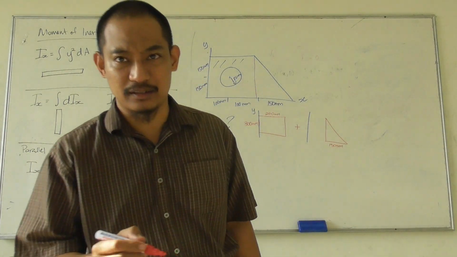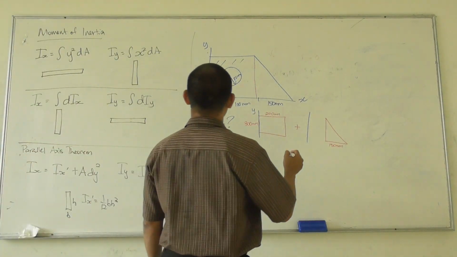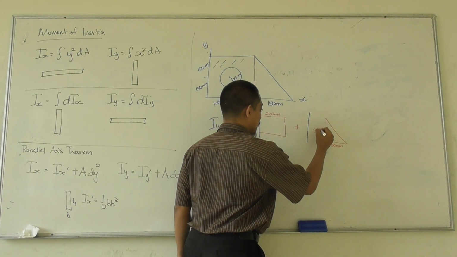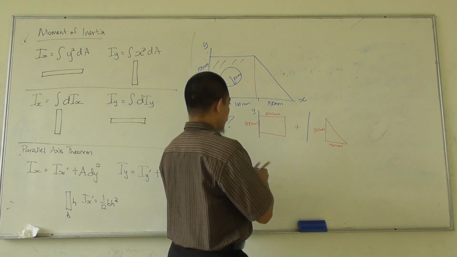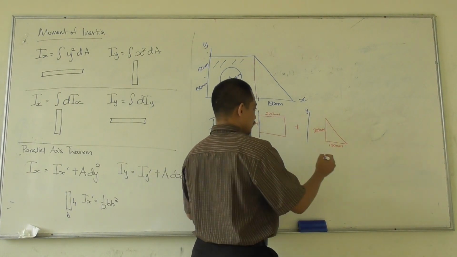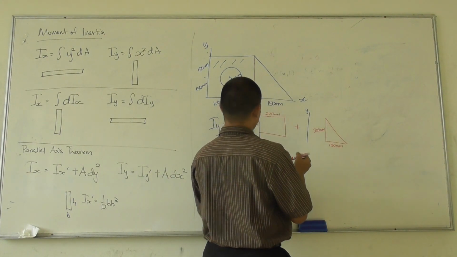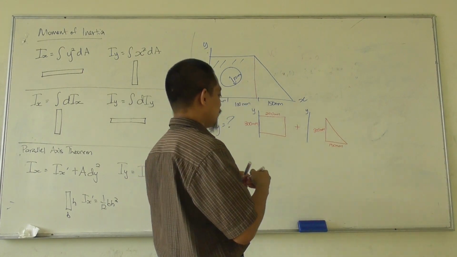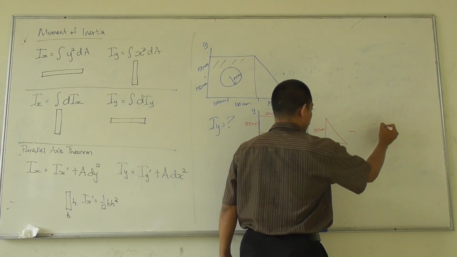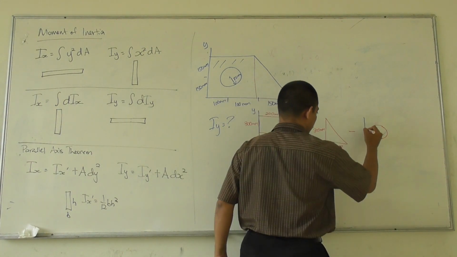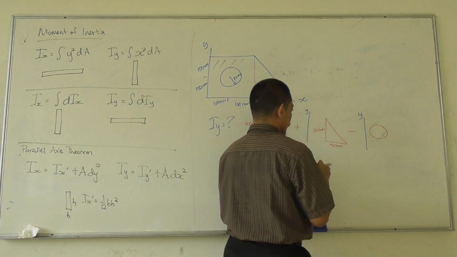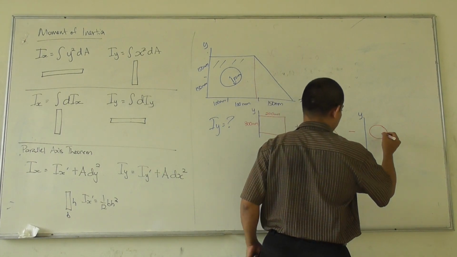Hopefully you can see the red color. And the 300 here. And then this is the y-axis. And then minus, because this is a hole, so minus the hole there, where the axis is also at a distance here.